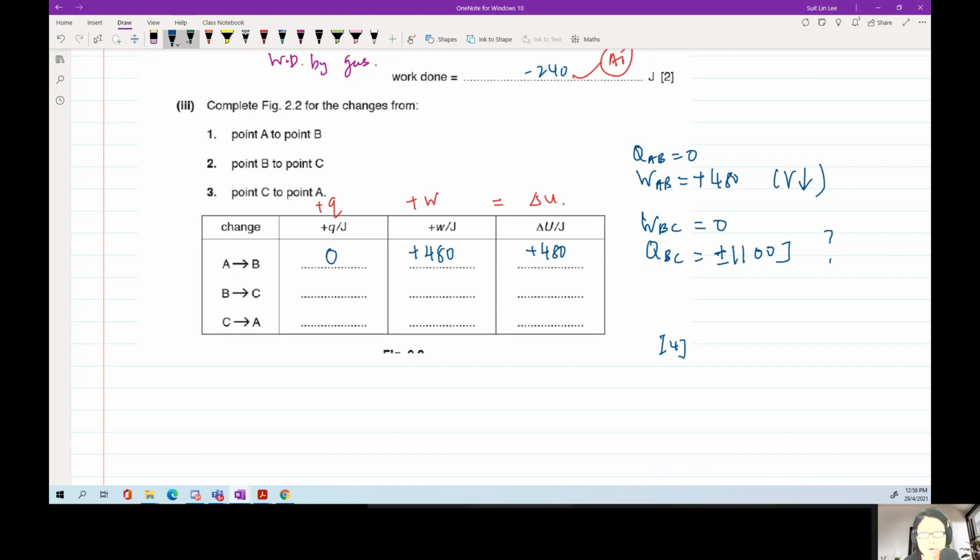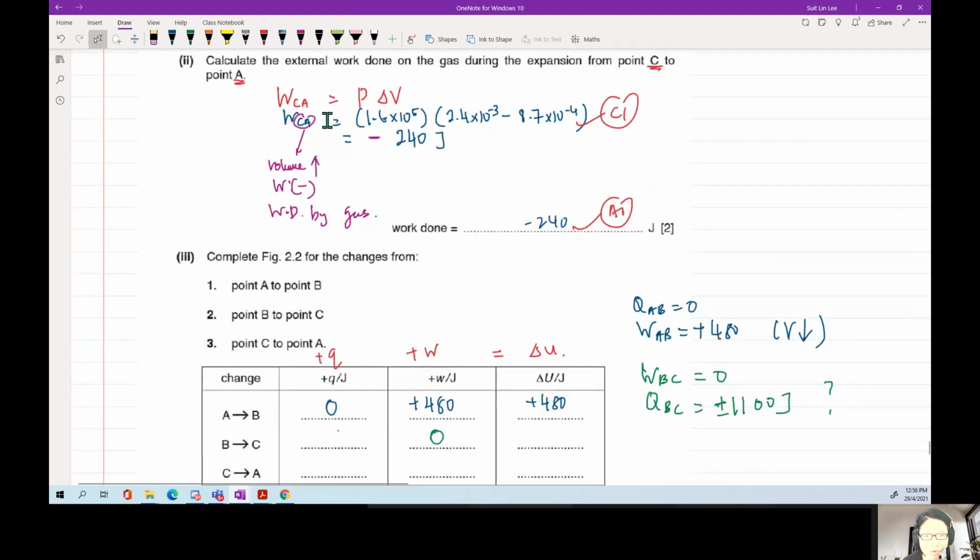For BC, WBC is 0. QBC, we don't know, so we park that side first. We know it's 1100, but I want to reserve my opinion on whether it's positive or negative first. Let me see what else I have.